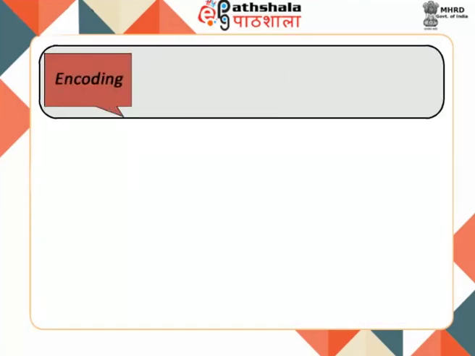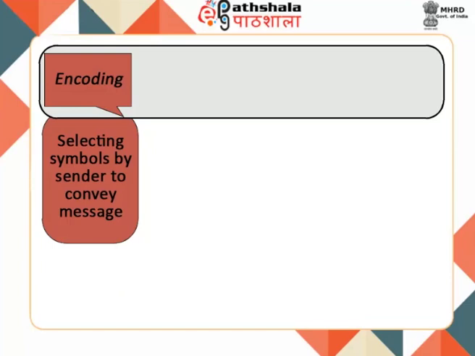Encoding is the process of selecting symbols, verbal, written, or nonverbal, by the sender to convey the message. The information to be shared is converted into words, spoken or written, to be listened to or read, or pictures to be seen. Also, nonverbal cues, appearances, body language, gestures, etc., can be used to transmit the message.